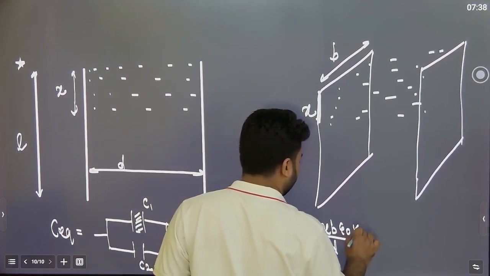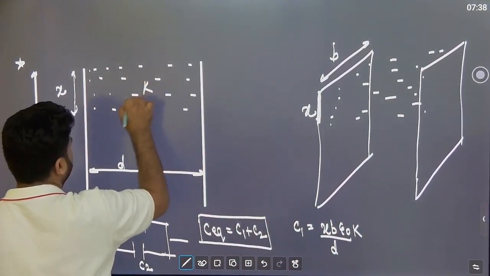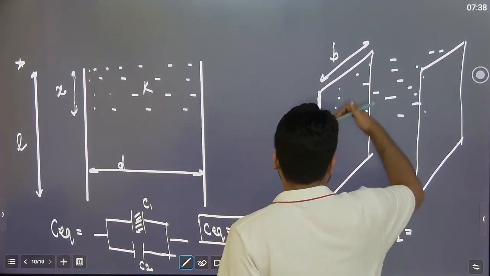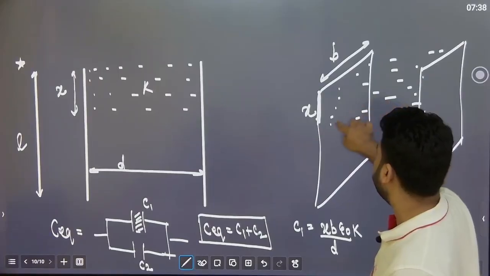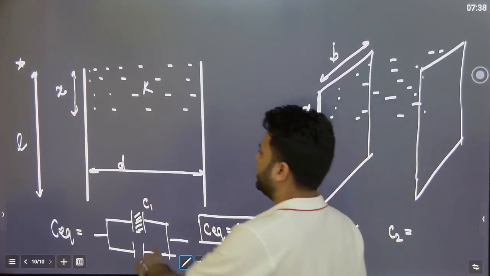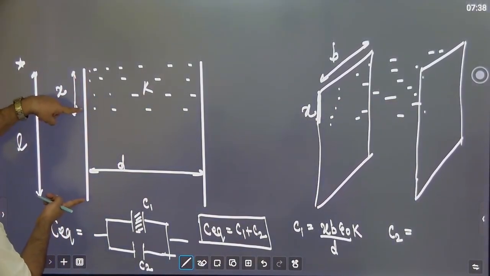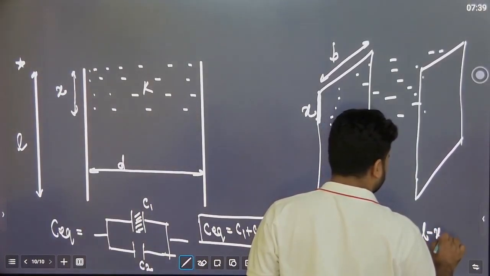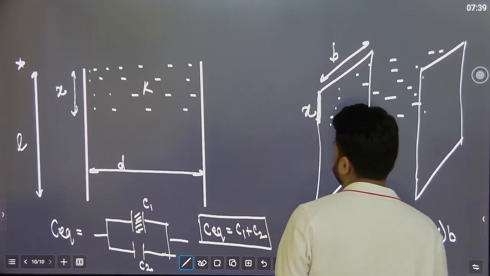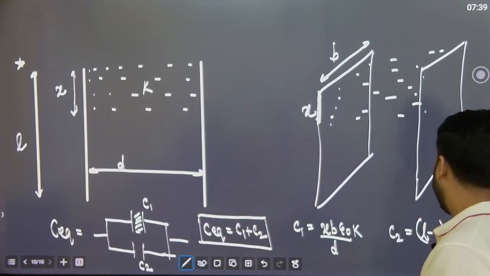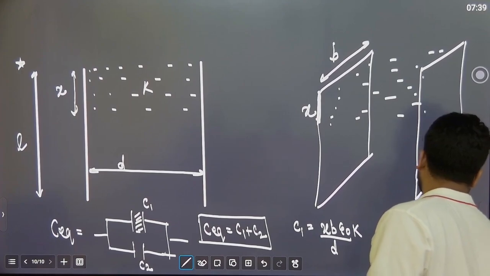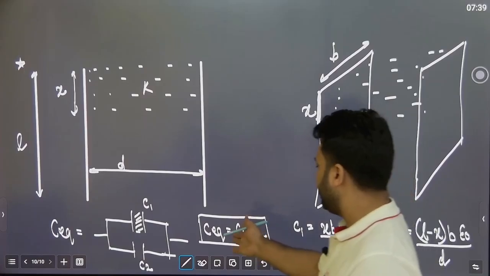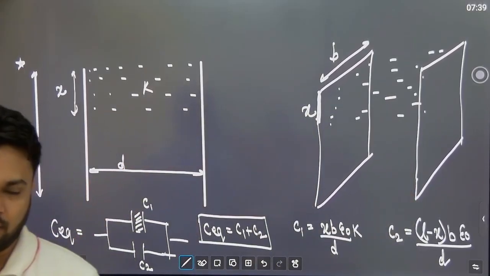Suppose its dielectric constant is K. This is C1. What will be C2? Downward area. Achha, if this is x, total length is L, so this length will be L minus x. So its area will be L minus x multiplied by breadth. So A epsilon naught divided by distance between plates D into 1. And you can do C1 plus C2. Okay.